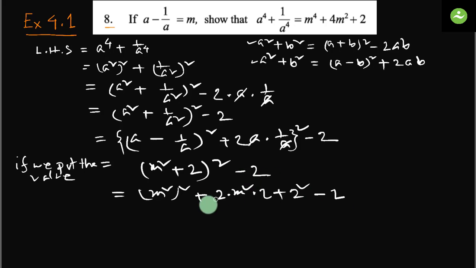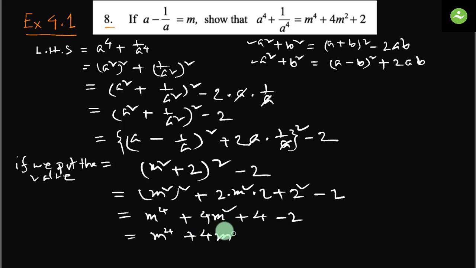There was a minus 2. We shouldn't forget that. So m to the power 4 plus 4m square plus 4 minus 2 equals m to the power 4 plus 4m square plus 2.